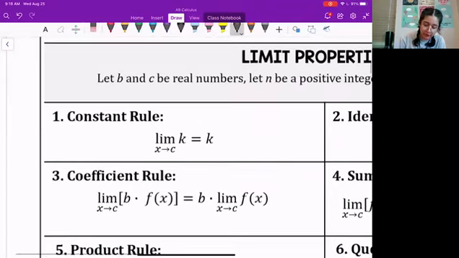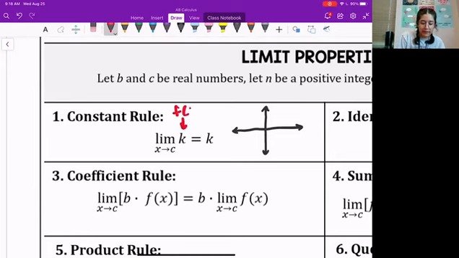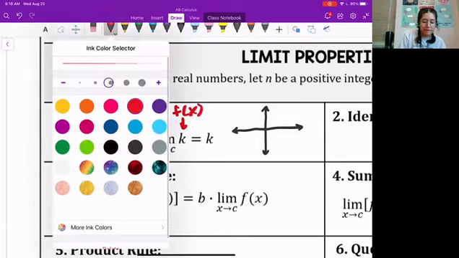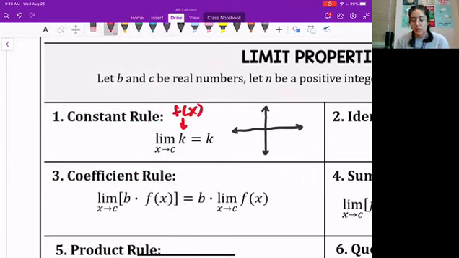I'm going to draw a little graph here for a second. All this is saying is that if your function, this is normally where the f of x would go, is a constant, let's say f of x equals 7, then no matter what x value you approach, let's say I'm approaching 2, I'm always going to be at a y value of 7.